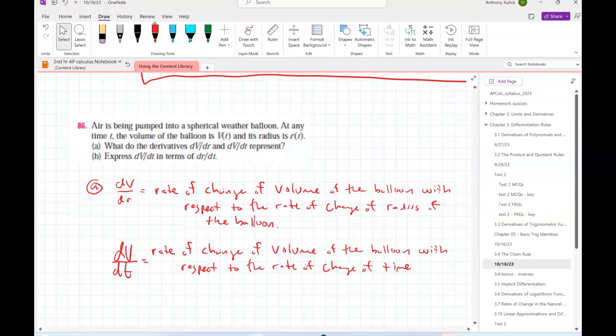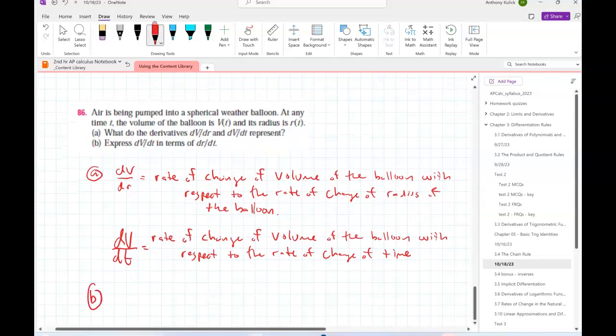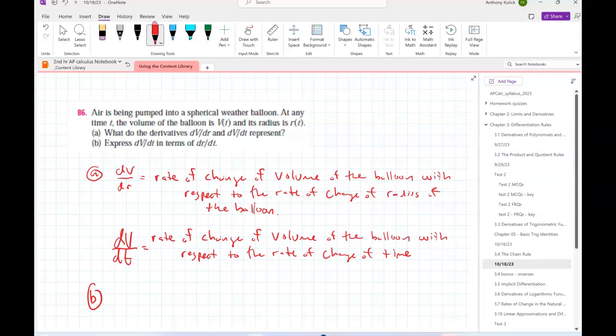Okay, part B, it says express dV/dt in terms of dr/dt. So if I take V of t, let's think about it this way.